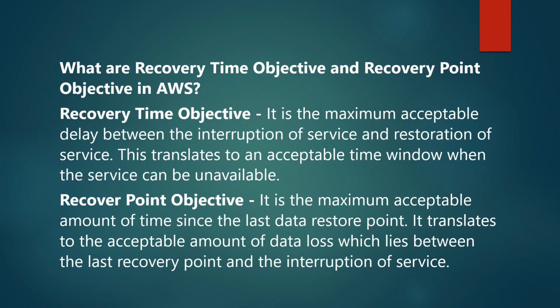Recovery point objective is the maximum acceptable amount of time since the last data restore point. It translates to the acceptable amount of data loss which lies between the last recovery point and the interruption of service.